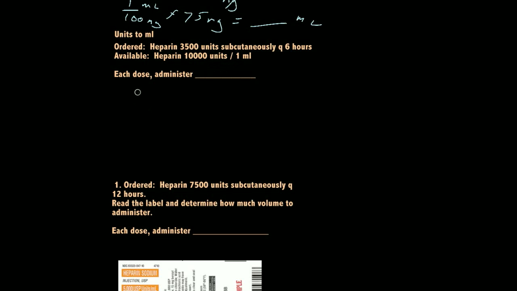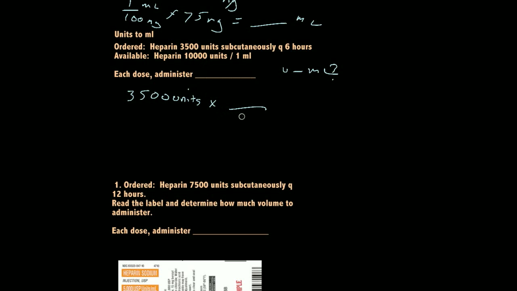So the doc says, give this guy 3,500 units, and the pharmacy says, well, for every 1 mil, we've got 1,000 units in a syringe. So you're going to have to convert this from units to milliliters. That's what we're looking to get here, milliliters.